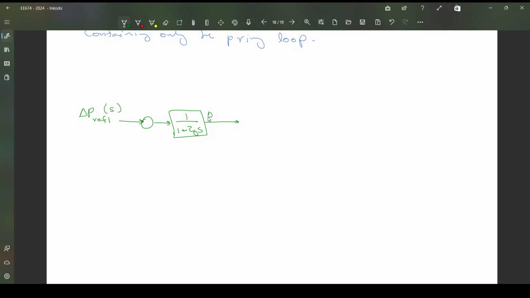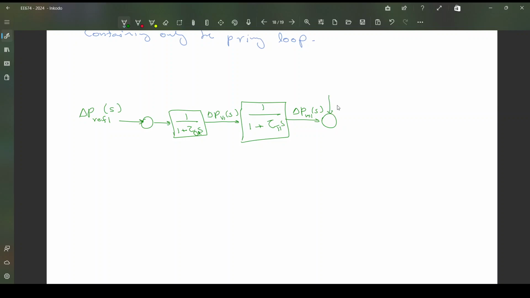So here you will get delta P1s, and then 1 over 1 plus tau T1s. Let's say this is G1 for area 1, this is T1s, and then here you will get delta PM1s.